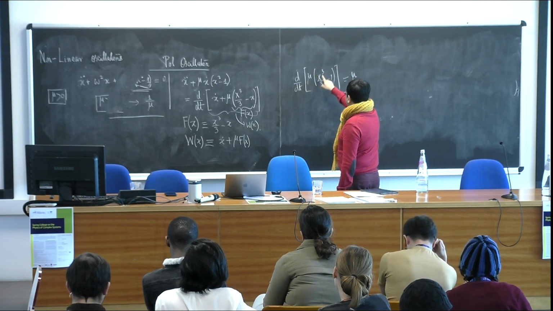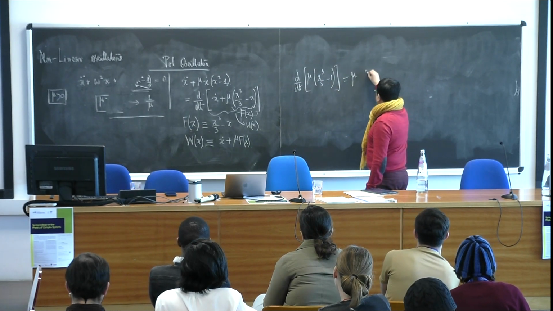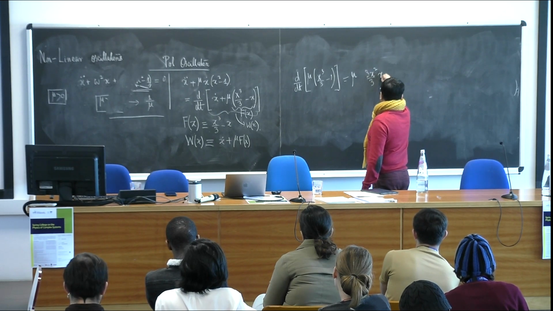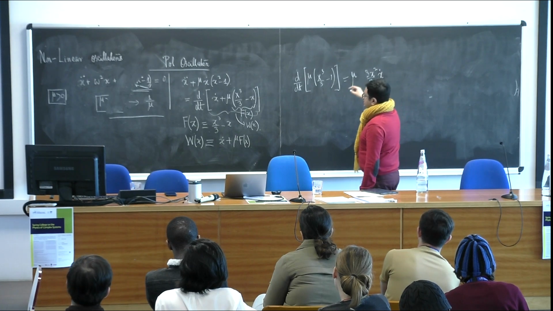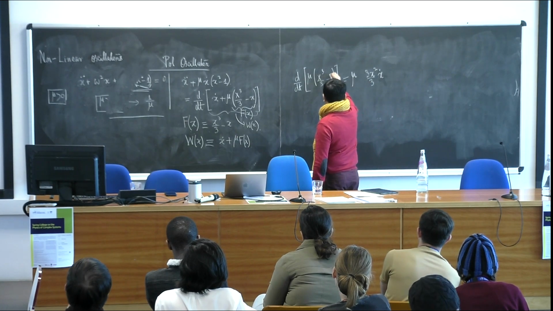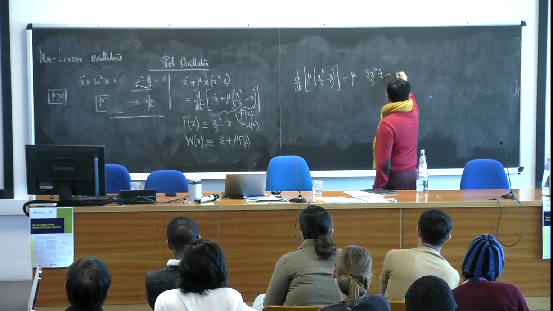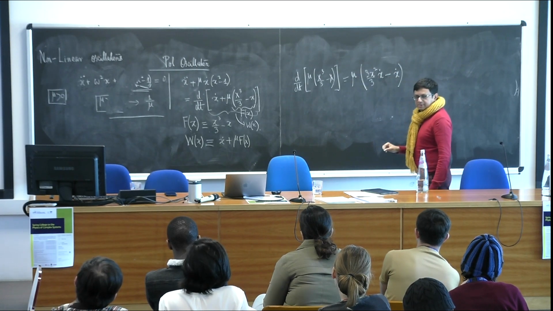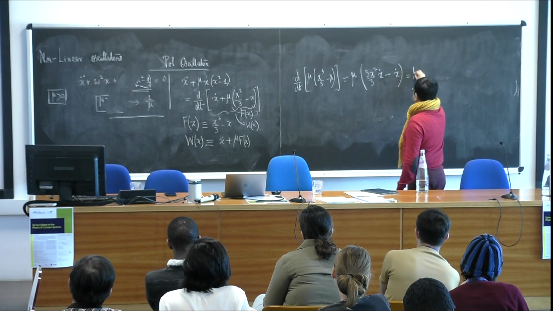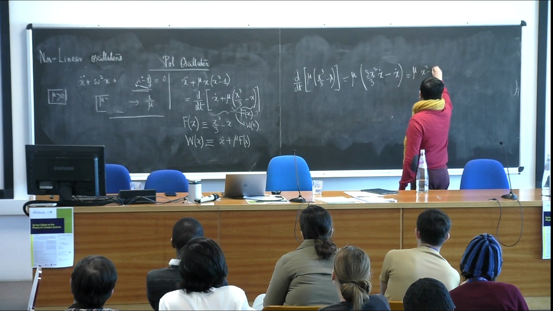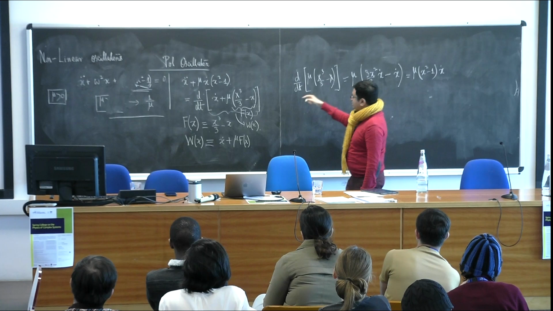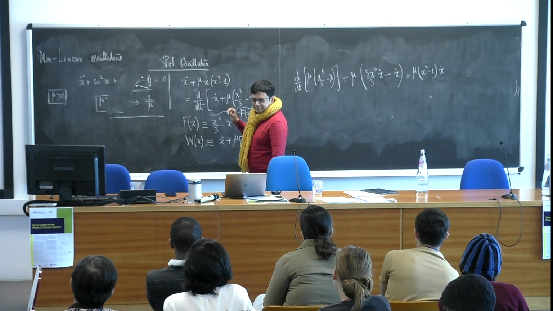But d/dx of x cubed by 3 will give me 3x squared by 3, minus, sorry, there is an x here, minus x dot, right? And this I can write as mu of (x squared minus 1) x dot, which is exactly what was here.